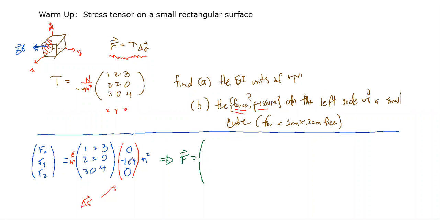I will go through and get an x component and a y component, no z component. I should have put a z in there because it would be easier to draw, but whatever. So I get minus 2 times 10 to the minus 4th, same thing there, minus 2 times 10 to the minus 4th, 0 newtons. And what this means is that even though the normal to the surface points in this direction, the force doesn't necessarily need to.